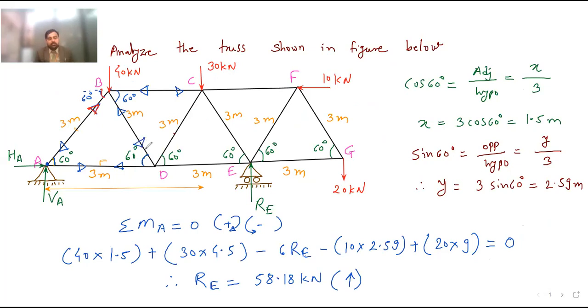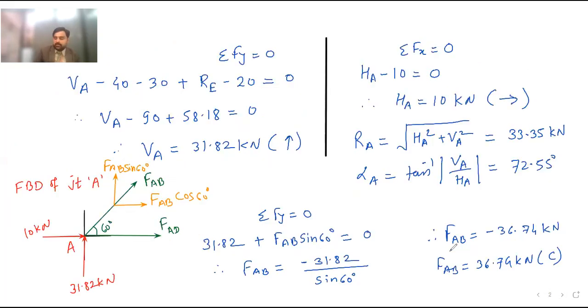In this way, we have to solve the remaining joints. The remaining joints we will solve in the next lecture. Today there is one important event in the college, so now give me the attendance. In the next lecture we will solve the next numerical, and after that we will go for method of joints.